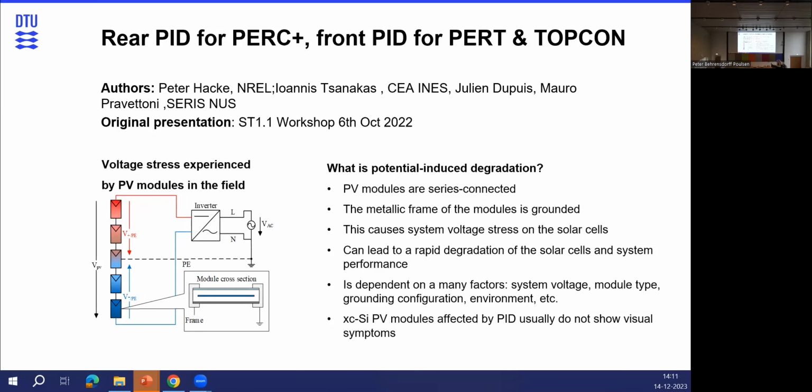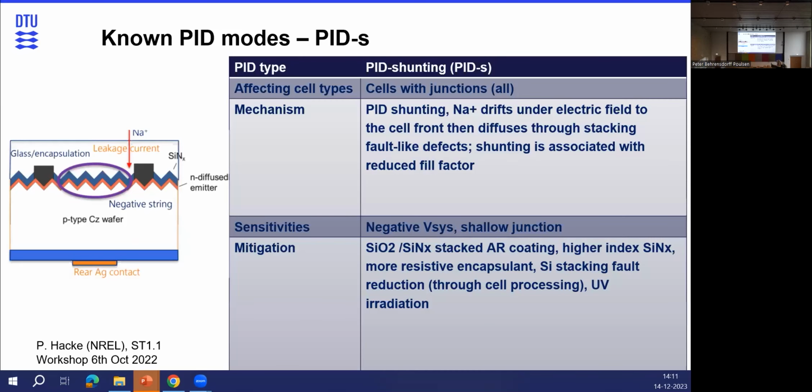In the past, this degradation was quite significant. Many of you may be familiar with PID shunting. This is the most common PID of the last decade or so, which was caused primarily by sodium ions migrating from the front glass into the junction and creating defects.